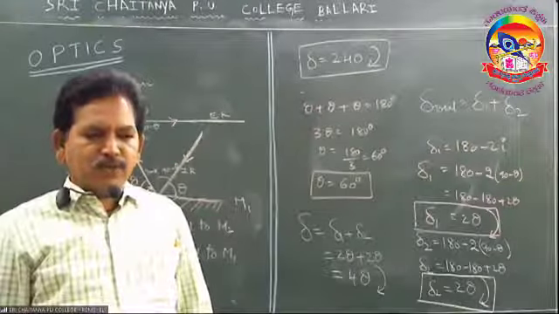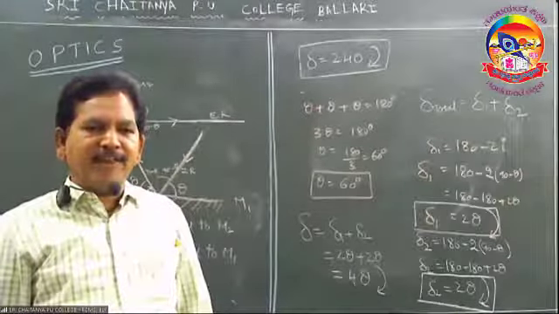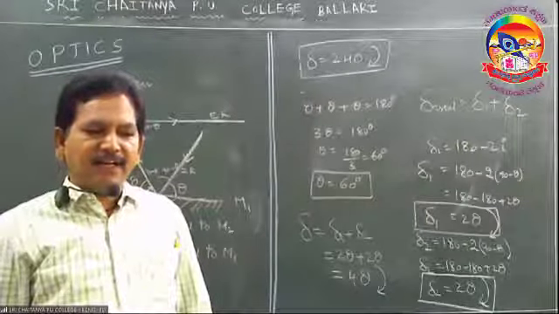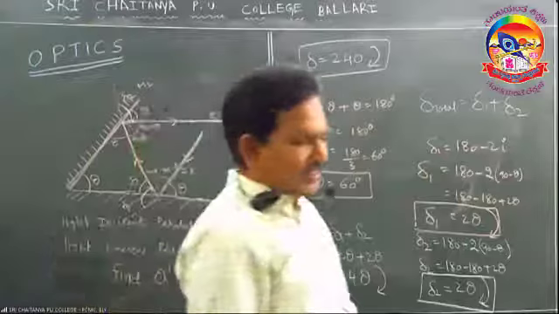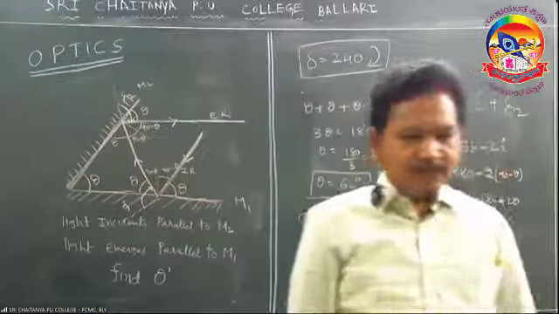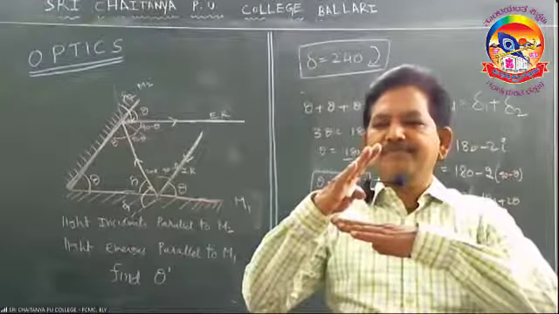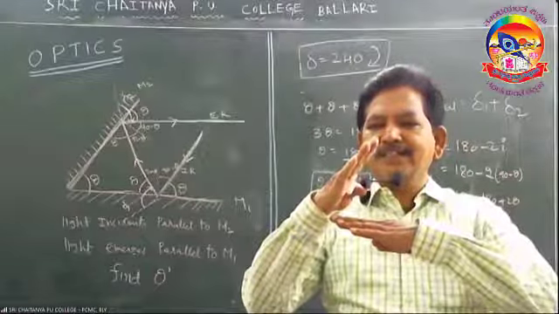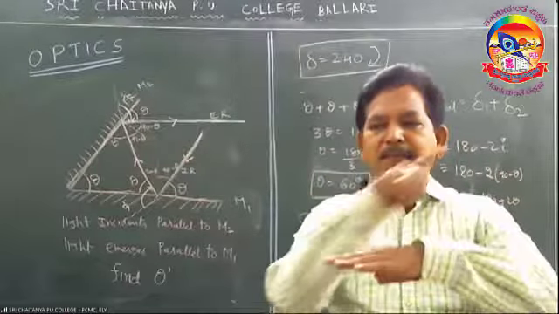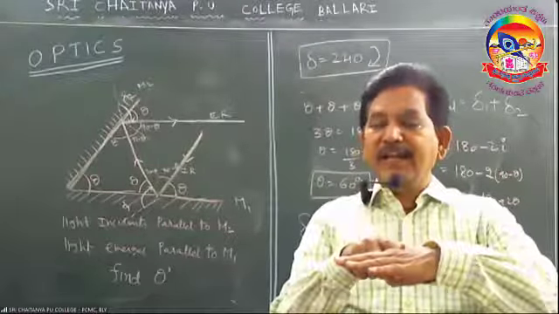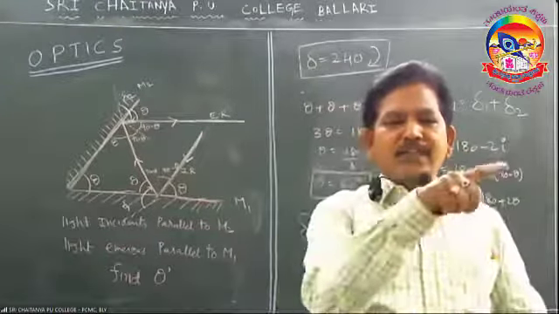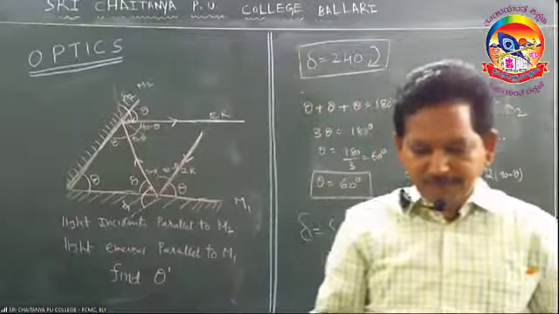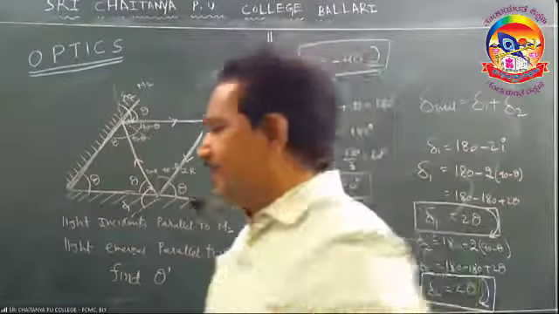It is independent of I, the angle of incidence. That is the first concept. What is the second concept? Two mirrors are like this, inclined mirrors. First the light ray falls parallel to the first mirror. The emergent ray, after two reflections, is parallel to the other mirror.